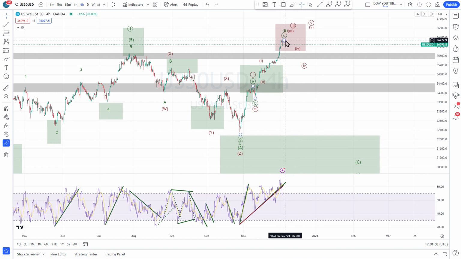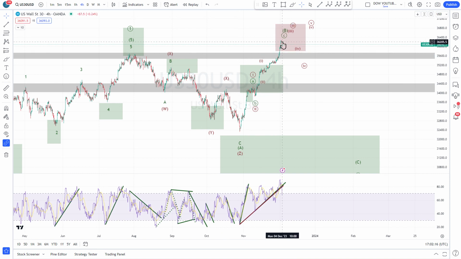But if we start to pull back from here without making another high, or okay, maybe an additional marginal new high is possible, but I would say without making a significant new high, then I would definitely not classify this structure as five waves, as an impulse.